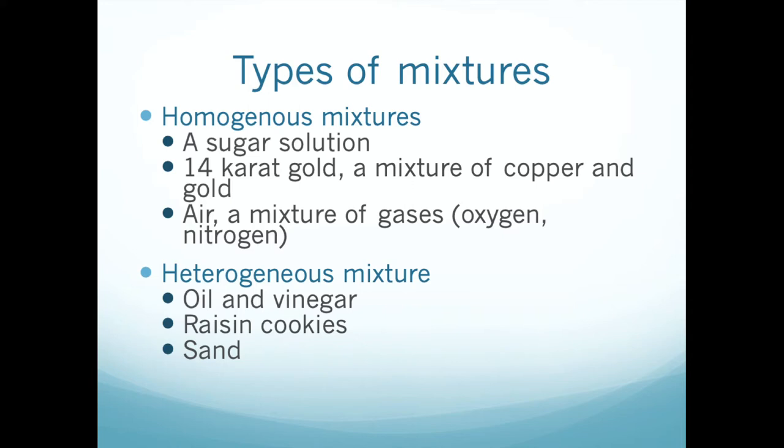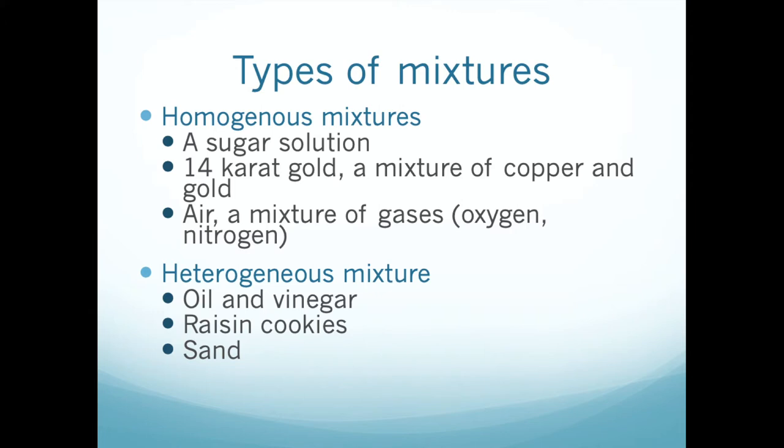So a sugar solution looks like the water making up that solution, even though it's a mixture of sugar and water. 14-karat gold, which is a mixture of copper and gold, looks like gold, right? So it's a homogeneous mixture, even though it's a mixture of two different things. Air is another good example of this. Air is a homogeneous mixture where you have multiple gases mixed together.